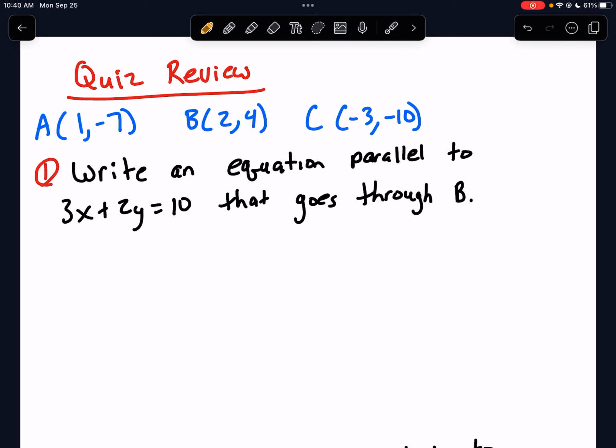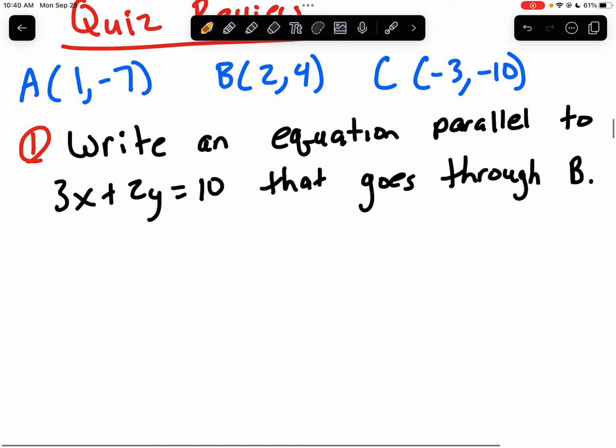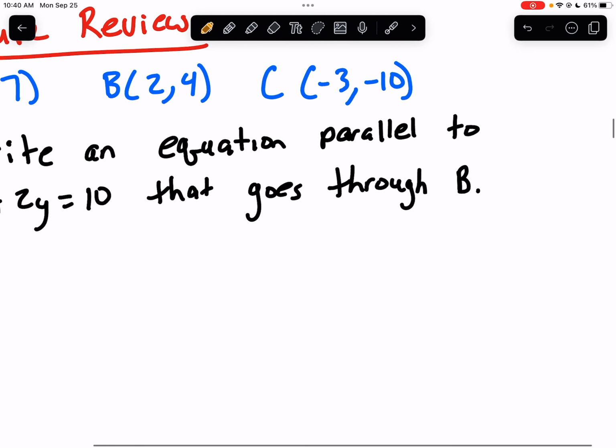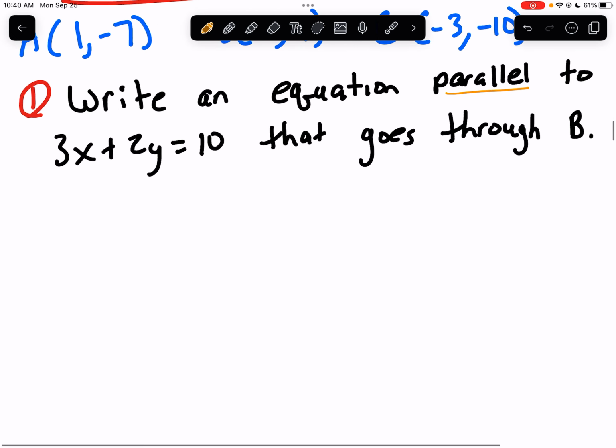The first one says, write an equation parallel to 3x plus 2y equals 10 that goes through point B. Because it has to be parallel to this line, we know that it has the same slope. So what I would do is solve this for y, in the format of y equals mx plus b, so that I can know the slope.